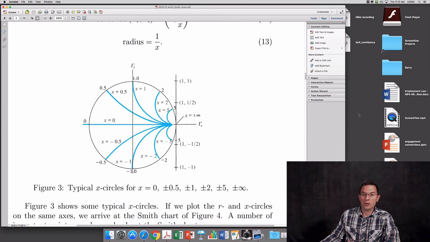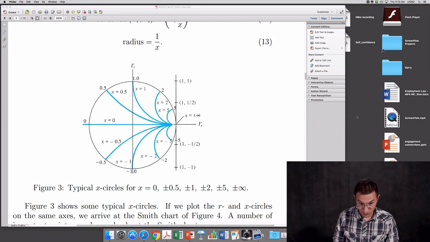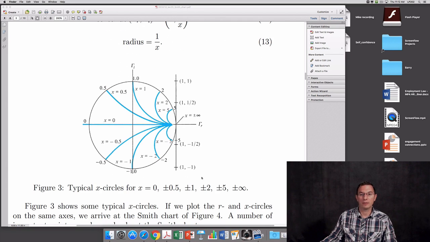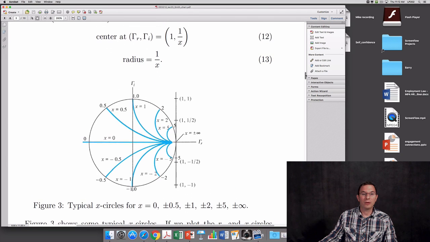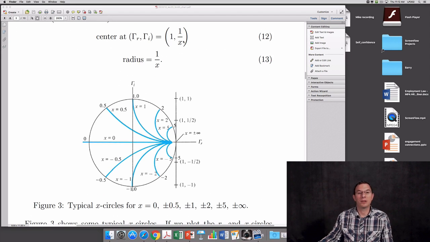Figure 3 here shows some typical reactance circles for x equals 0, plus or minus 0.5, etc. Again, the x-coordinate of the center is always at gamma r equals 1 along the horizontal axis, which I've been calling the x-axis. And the vertical coordinate, the gamma i coordinate, is at 1 over x, which is the normalized reactance.